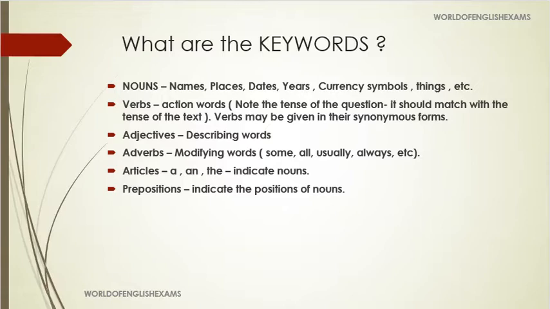Immediately you need to predict the answer as being a noun, that too in its singular form. And one more clue is that a indicates that the subsequent word is going to begin with a consonant. That is, other than A, E, I, O, U, the other 21 alphabets are known as consonants. So this is the clue that we need to understand.